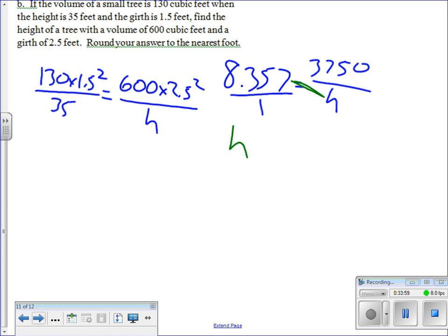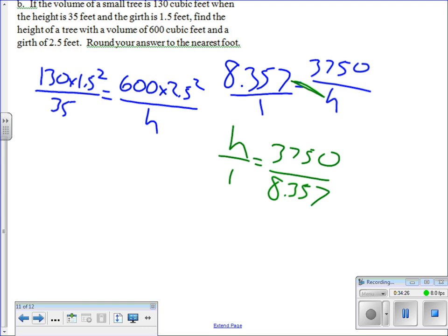So that means that h over 1 is equal to 3750 over 8.357. And that's still true. You can swap these two, or you can swap these two, or you can flip the whole thing over. And it's still the same proportions. Everything is still equal, which is really cool when you're trying to solve.